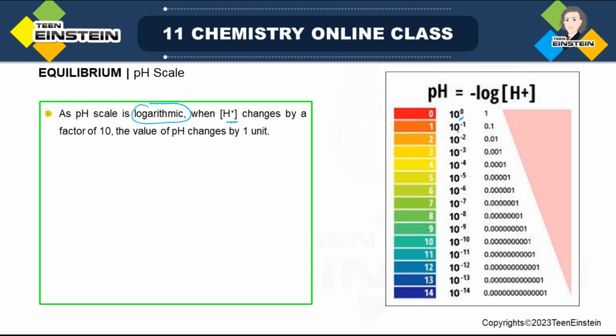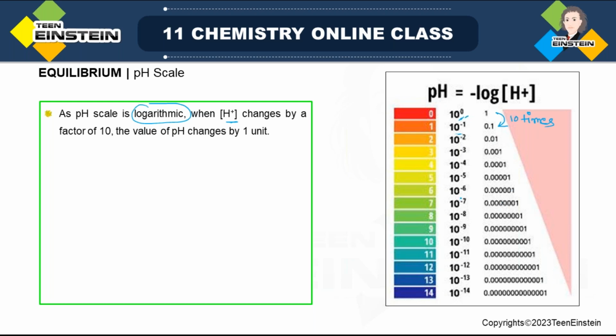Then we have 10 to the power minus 1, which means it is 1 by 10. So from 10 to the power 0, that is 1, you are moving to 10 to the power minus 1, from 1 to 0.1, which is a 10 times decrease. So when you are changing the H plus concentration 10 times, look at the pH value.